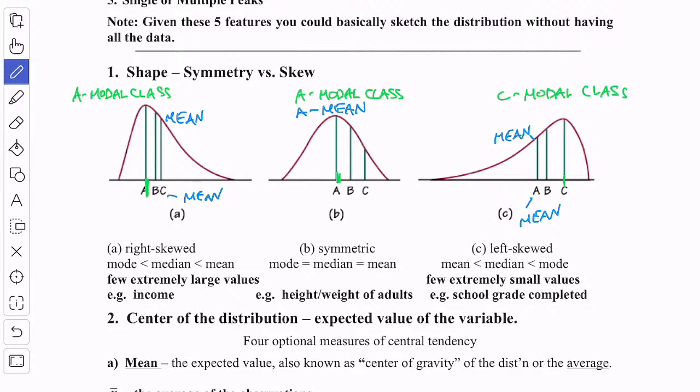The median is a compromise between the two measures of center: the modal class, which you can visibly see, right? And the mean, which is the average, the balancing point of the distribution. The median is a compromise between the two that is a better indicator of expected value when the distribution is skewed. Similarly, the median will always be in the middle here, and you're going to practice making calculations to see that.